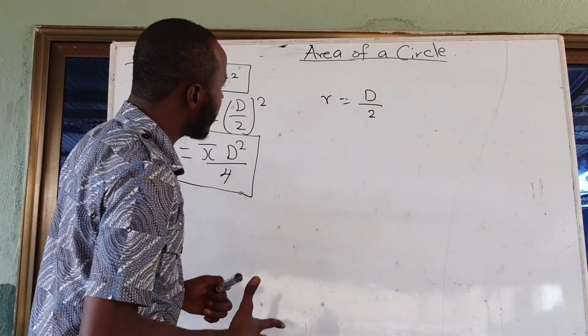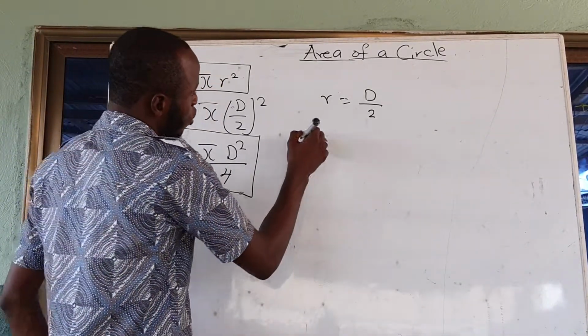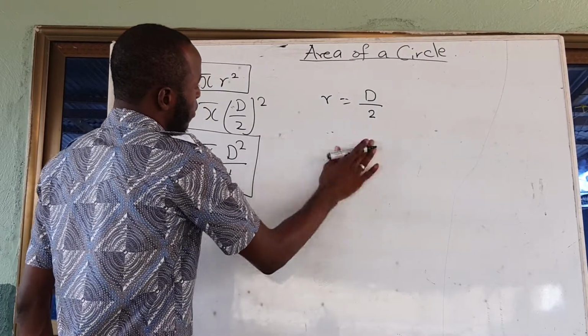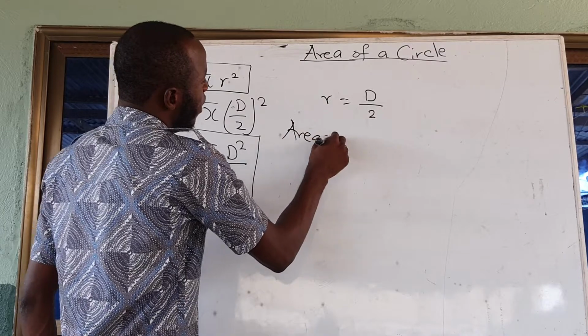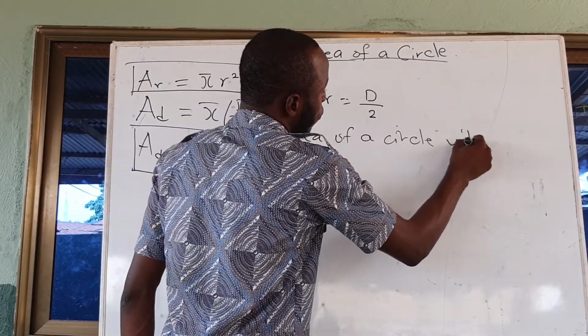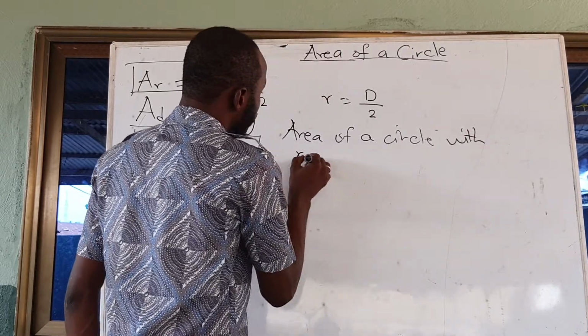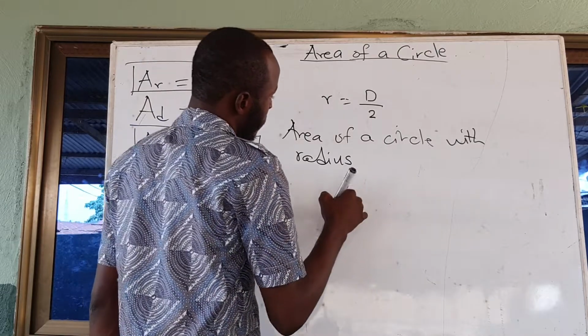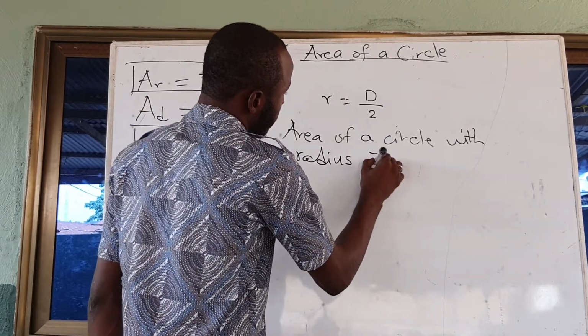So now let's find the area of a circle with radius, let's say 7 centimeters.